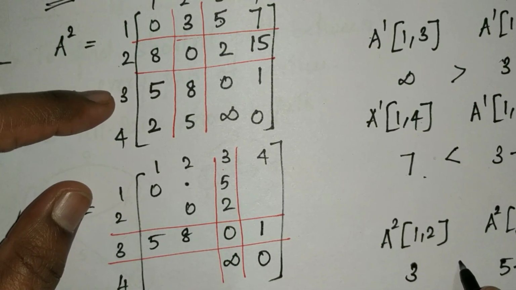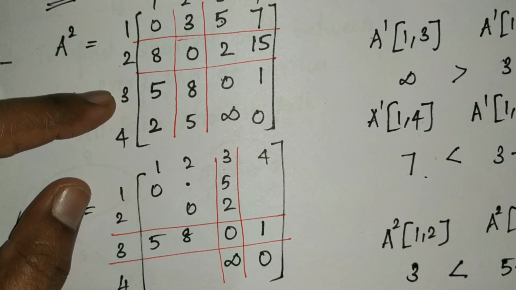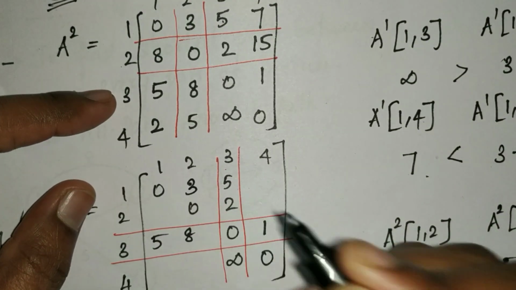So 3 is the lesser value, so we can update it here.